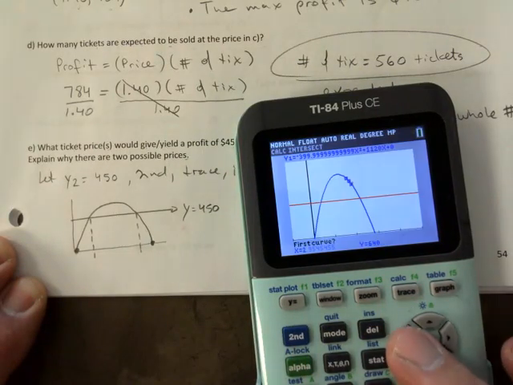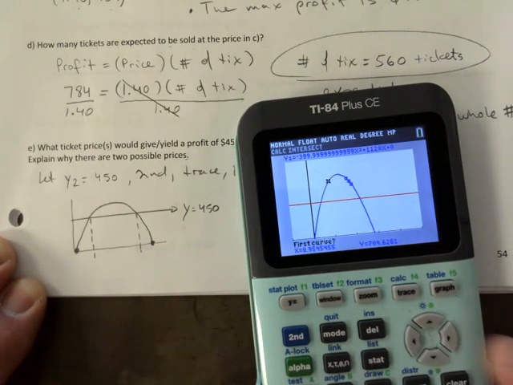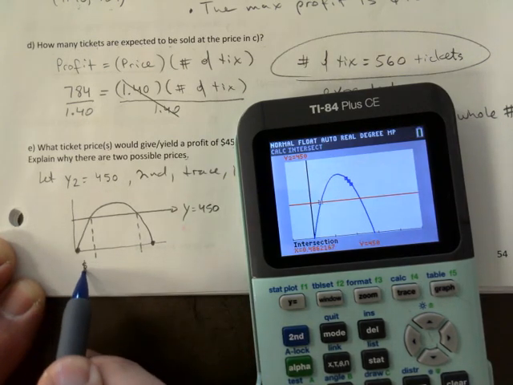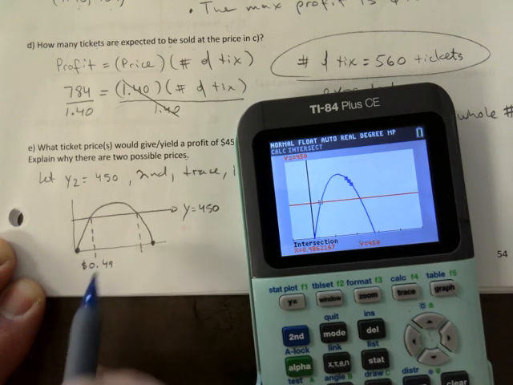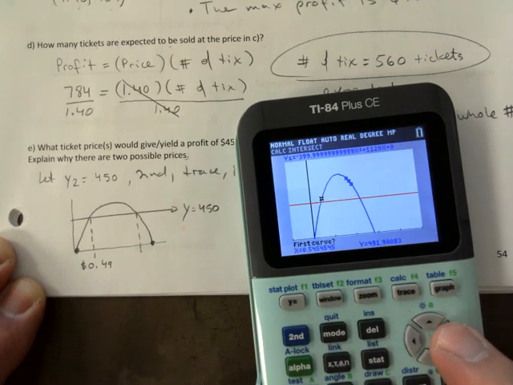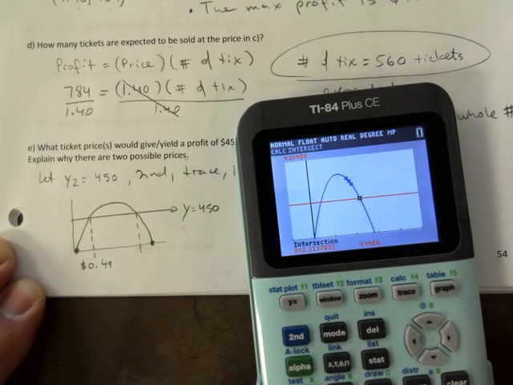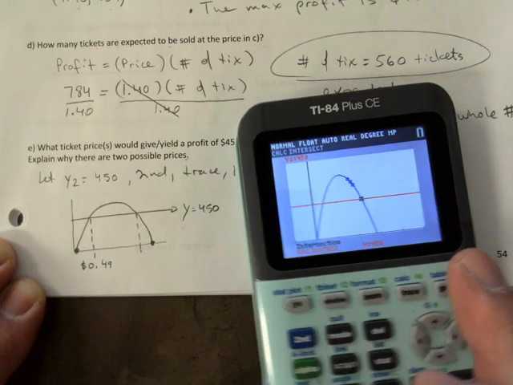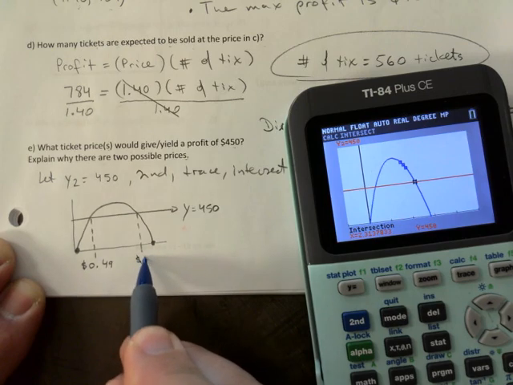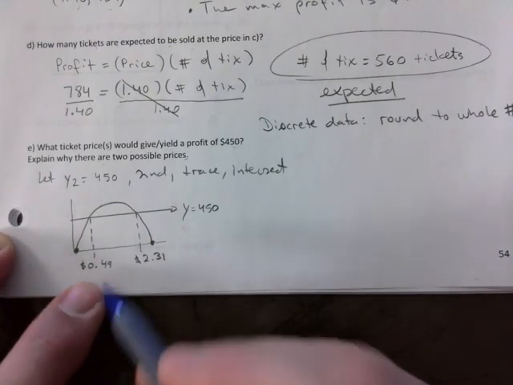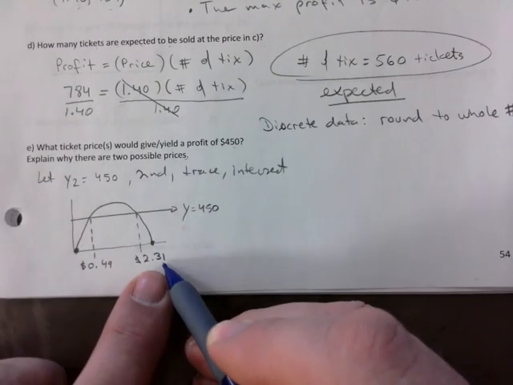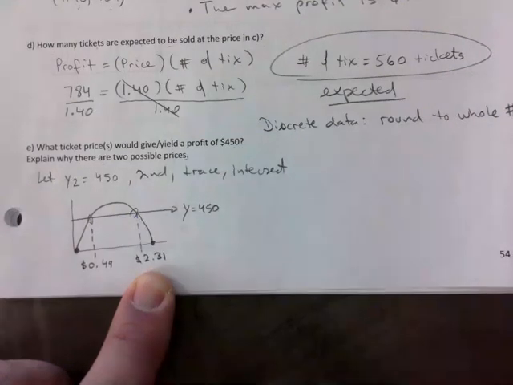Second trace 5. I'm going to find the first one. You're not subtracting here, okay? This is 0.49 if you round it. This is 2.31. So you could either charge about 50 cents per ticket, or you could charge $2.31. Both of them would give you the same profit.